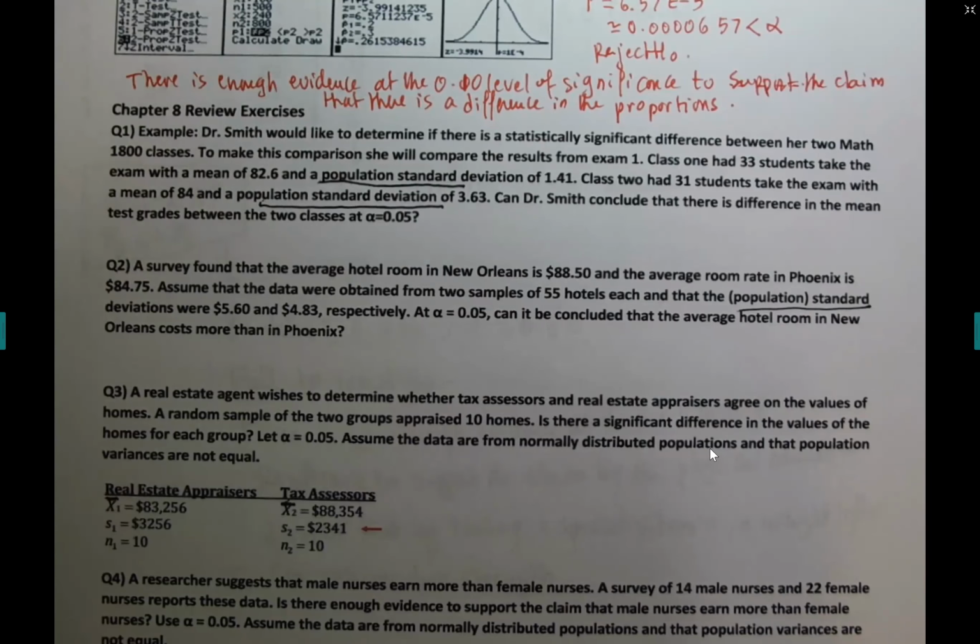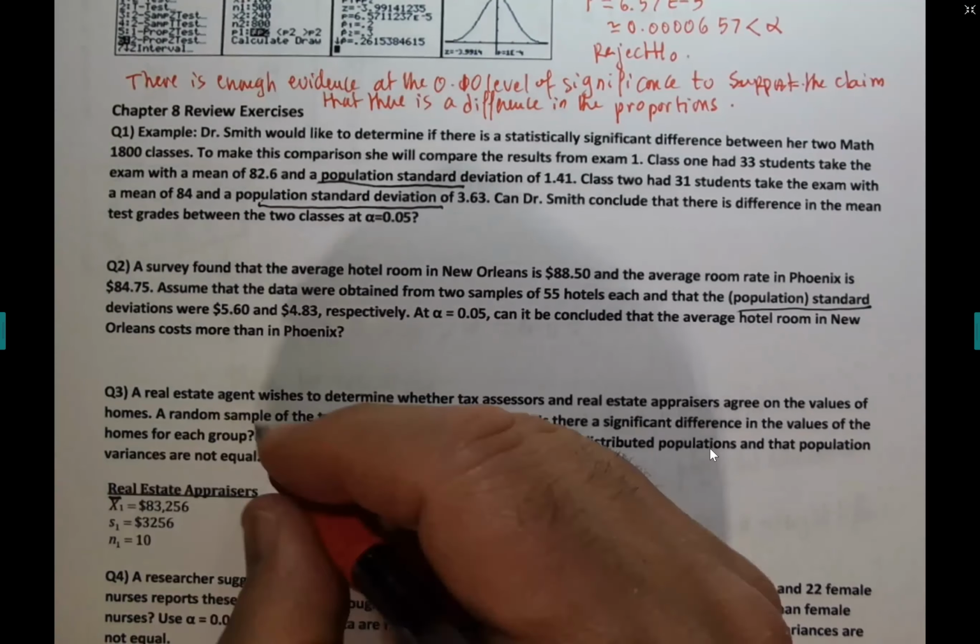A random sample of the 2 groups appraised 10 homes. Is there a significant difference in the values of the homes for each group? Let alpha equal 0.05. Assume the data are from normally distributed population and that population variances are not equal. This means pooled is no, guys.